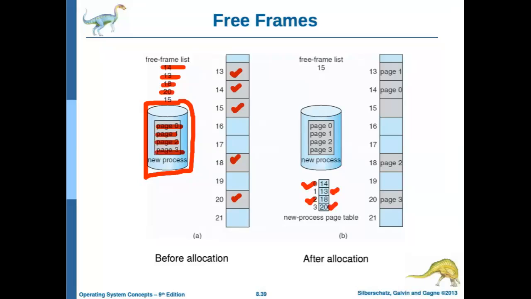So 4 pages require 4 frames, and frame number 15 will still be free. This new process's page table is something like this. When such a process is finished, these frames will be added back into the free frame list.